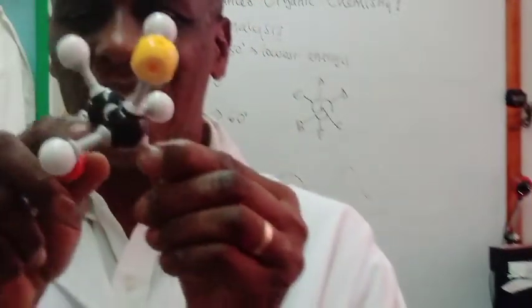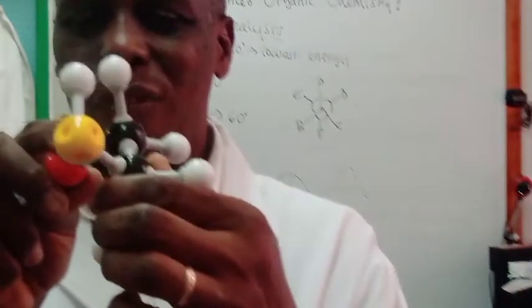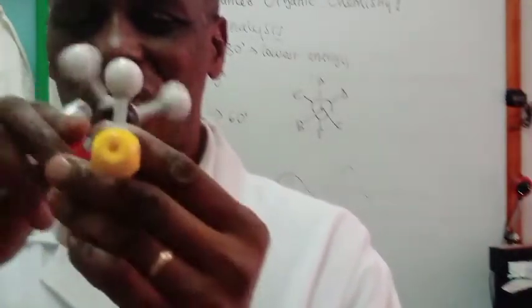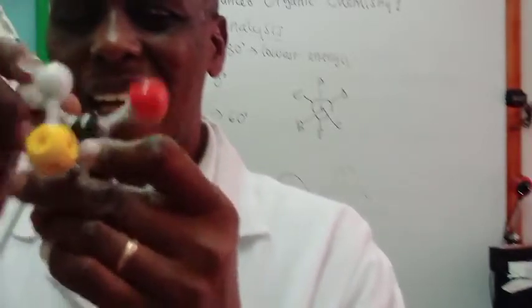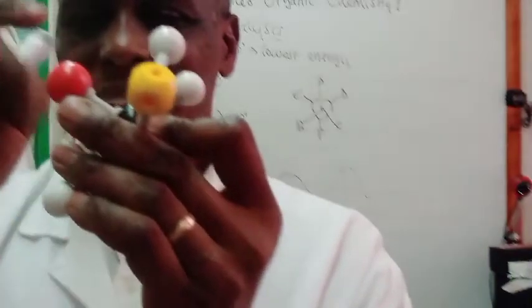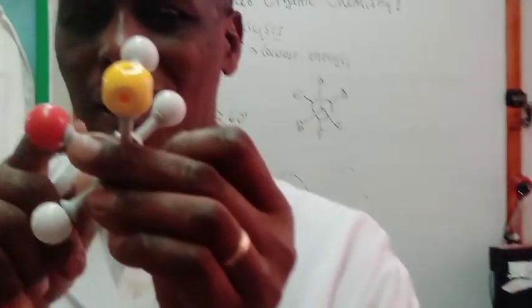In between, you can have this conformation here in which the bond angle is 60 degrees, and this other one is also 60 degrees, and this other one is also 60 degrees, and this one too.